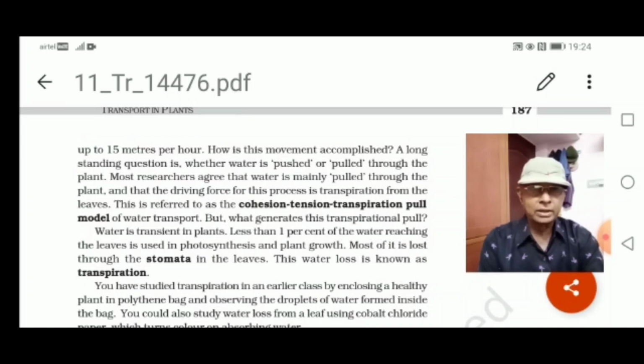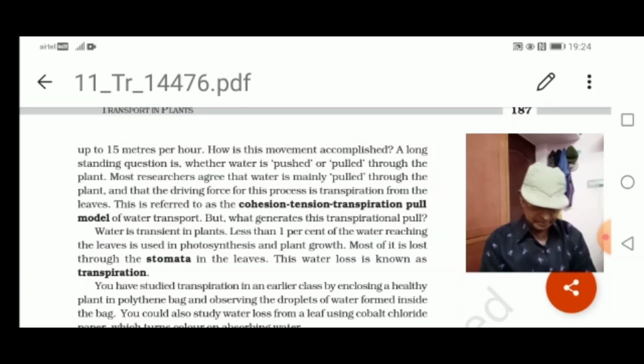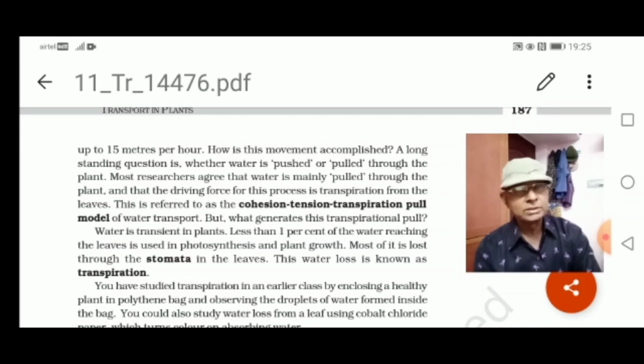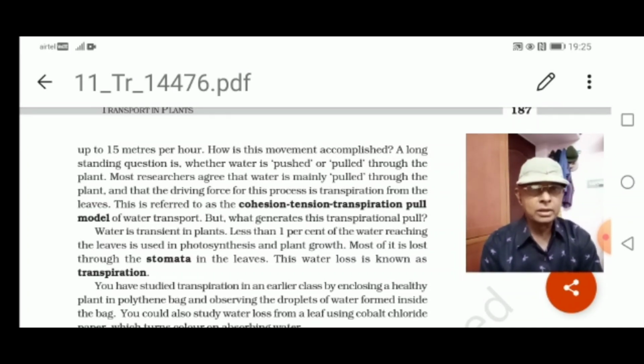A long-standing question is whether water is pushed or pulled through the plant. Most scientists consider that water is mainly pulled through the plant, and that the driving force for this process is transpiration from the leaves. This is referred to as the cohesion-tension transpiration pull model of water transport.